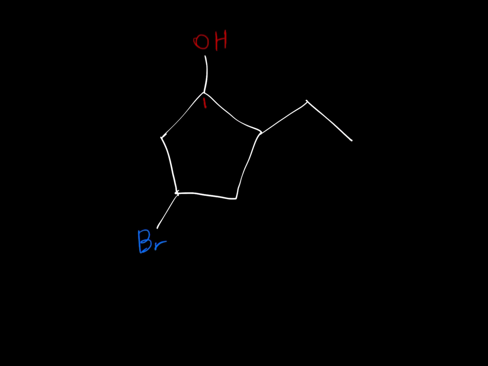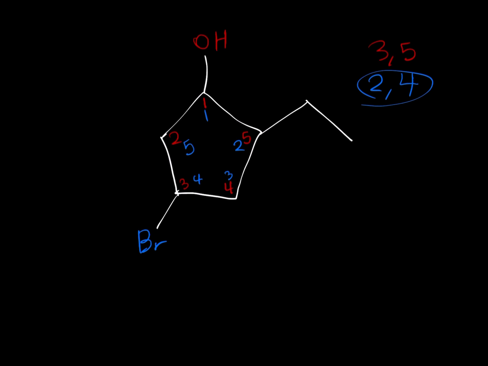So if we go counterclockwise, the bromine is going to be at 3 and the ethyl is going to be at 5. So it'd be 3, 5. If we do it clockwise, then the ethyl is going to be at 2 and the bromine is going to be at 4.